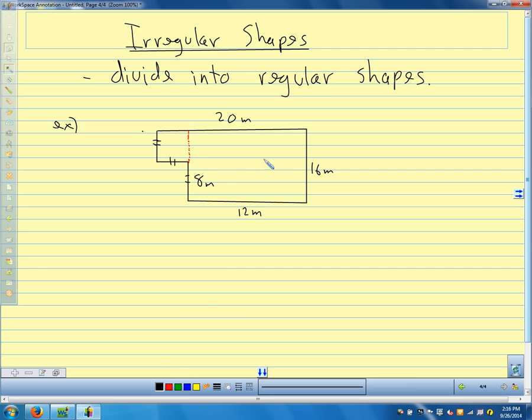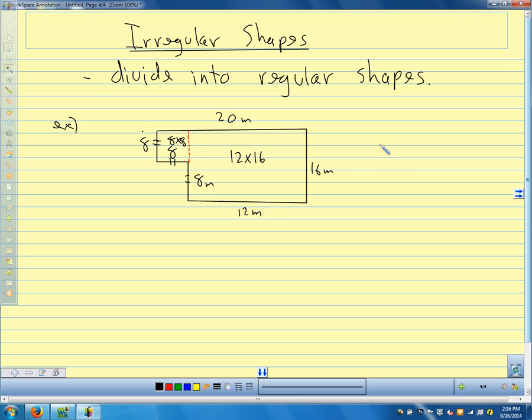And now how big is this rectangle? 12 by 16. And how big is this little piece here? 8 by 8, right? This says these are all congruent. So that's 8 and that's 8. So this is 8 by 8. So we just divided the shape into 2 pieces.